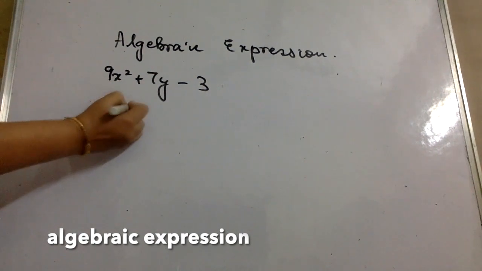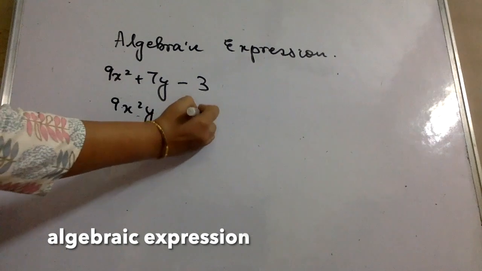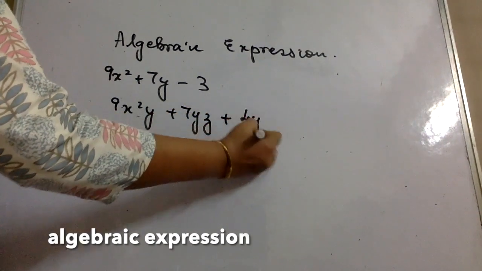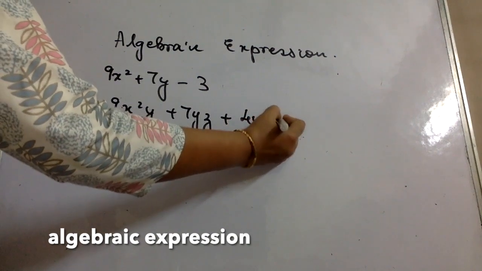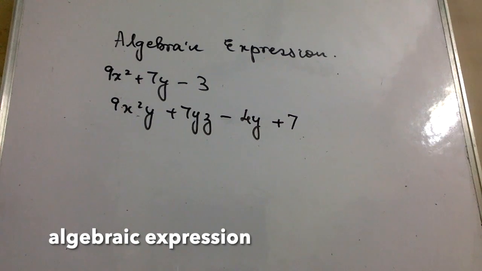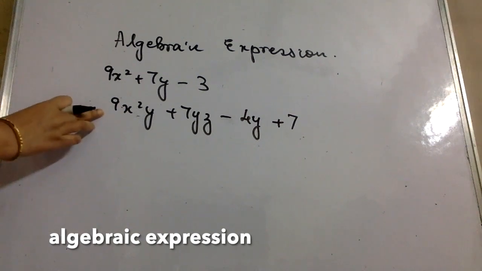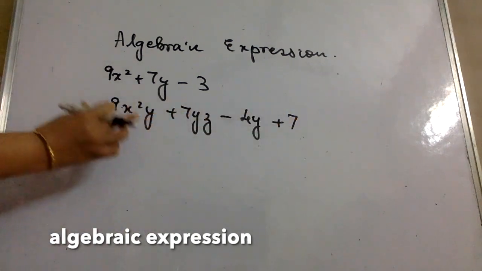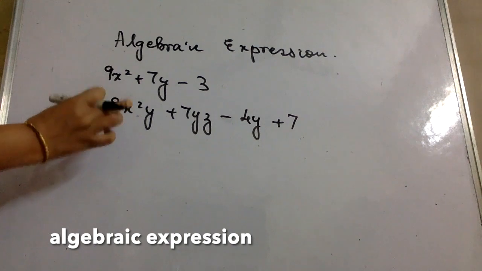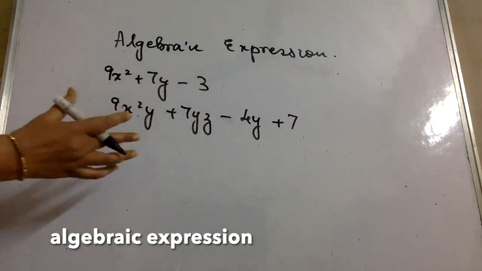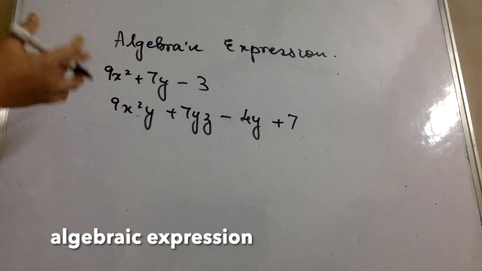Or 9x square y plus 7yz plus 4, let's say y plus 7. Or here one minus I'll put. This is also an algebraic expression, because you can see clearly these are the 4 terms, and these terms have been attached with plus or minus signs or even multiplication or division signs.